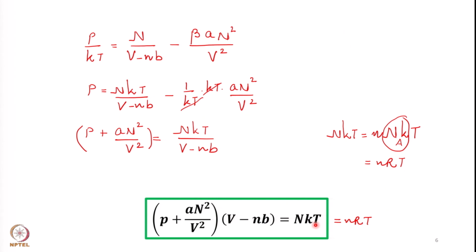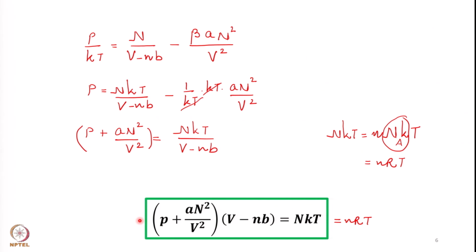So by statistical means, we have now arrived at the same equation which you have studied in theory of ideal and non-ideal gases. In other words, we have derived the expression for a non-ideal gas which obeys P plus A N square by V square into V minus Nb is equal to nRT, that is van der Waals equation of state.